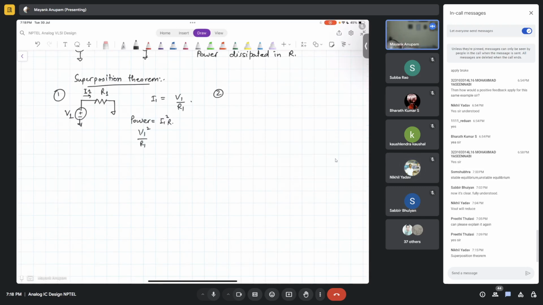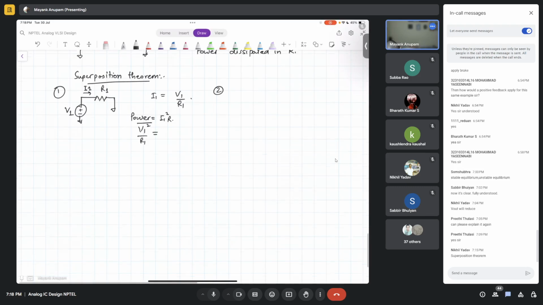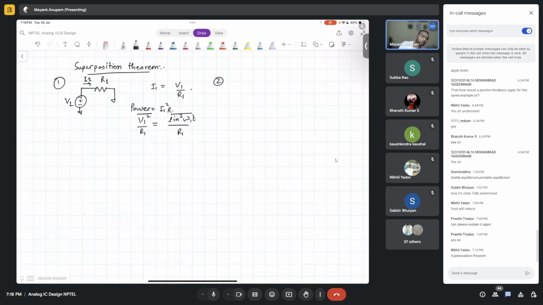Yes. You want to find the average of this. So what will this be? Sine square of omega 1t divided by R1, average of that. So what is the average of sine square omega 1t? Directly we can consider VRMS by root 2, but let's say I do not want to do that. What is the average of this?